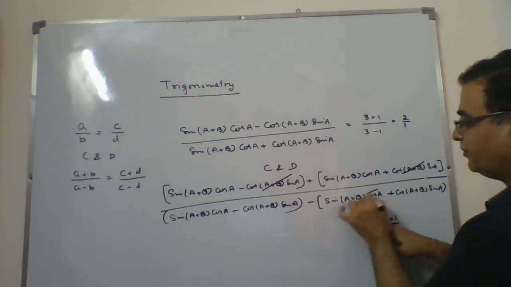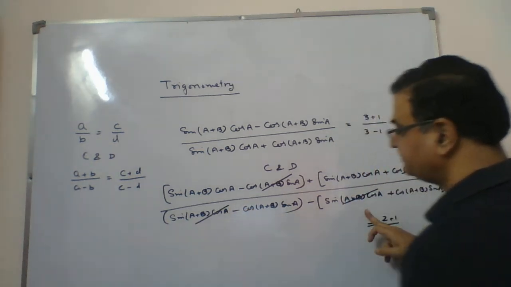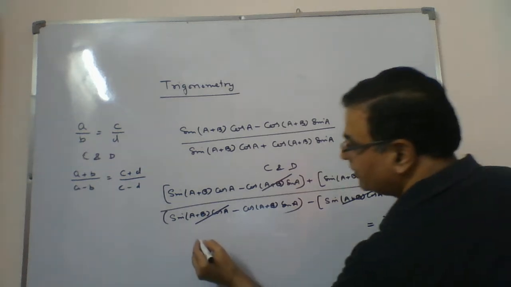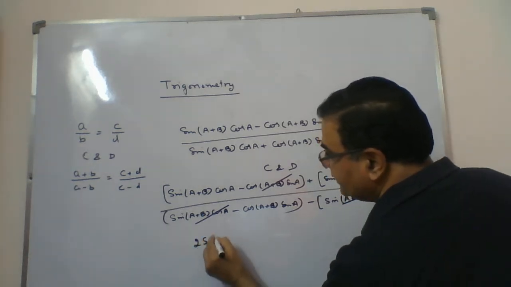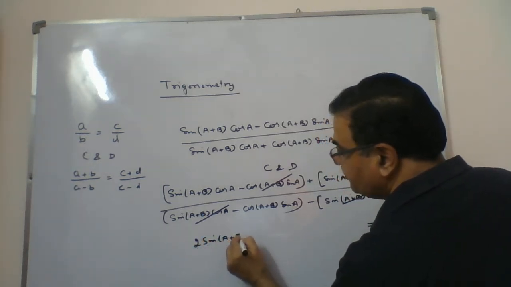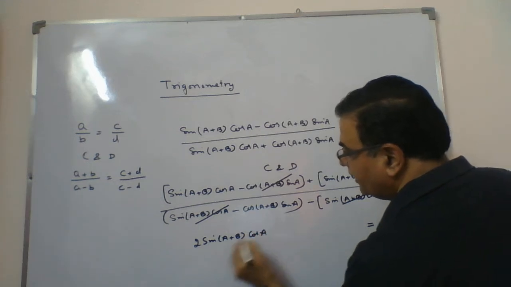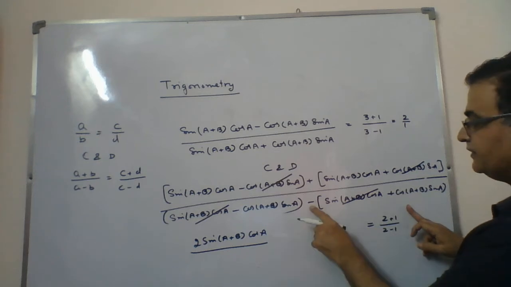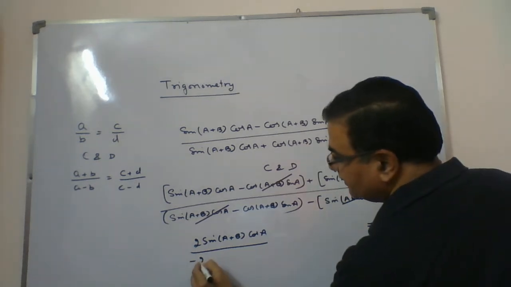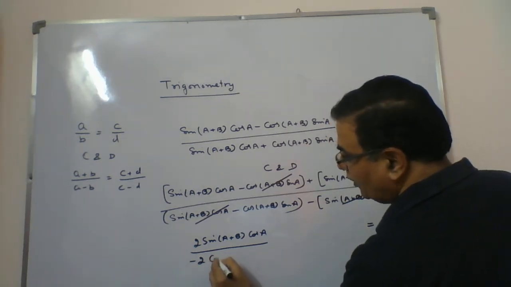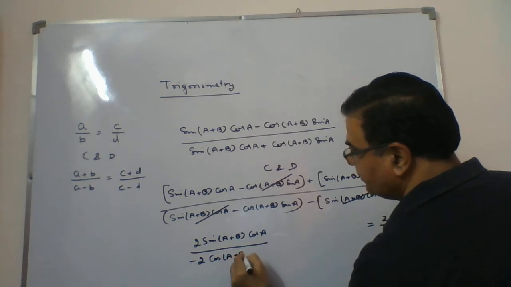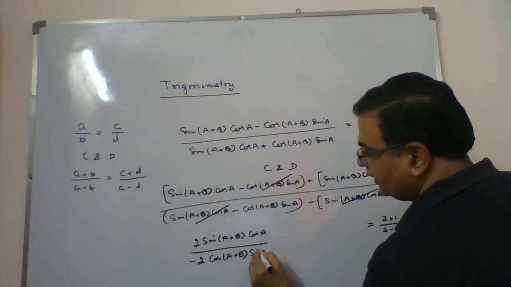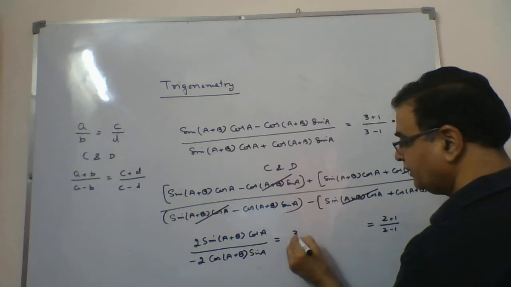And here sin a plus b, cos a get cancelled out. Then numerator comes out to be 2 sin a plus b cos of a. And denominator comes out to be what? This is coming minus 2 cos of a plus b sin of a. That comes out to be 3 by 1.